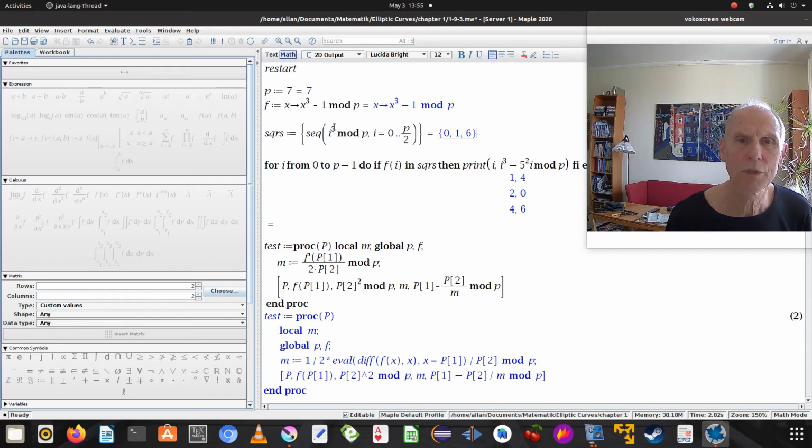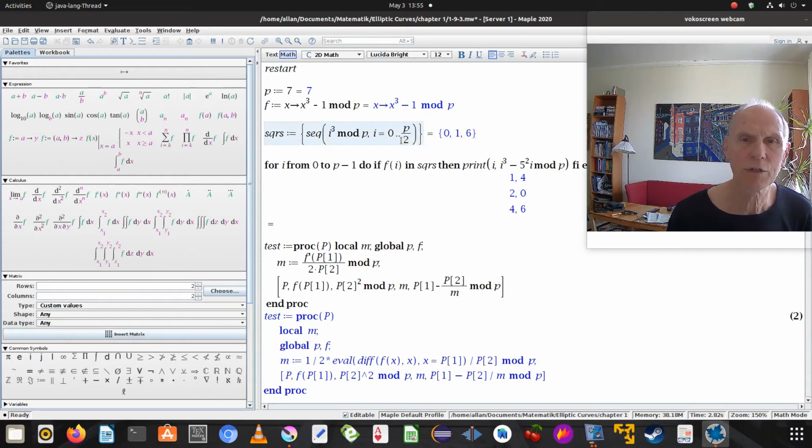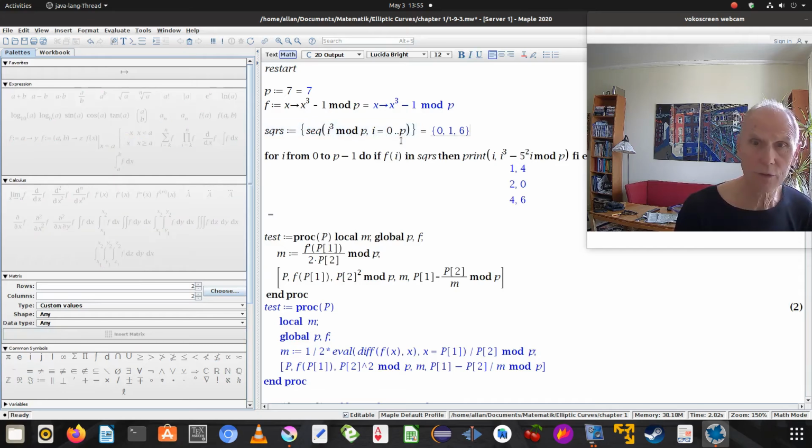One, 2, 3, and then we need to go to 6 as well. I should have done. Yeah. I don't get the multiplicity here, of course.